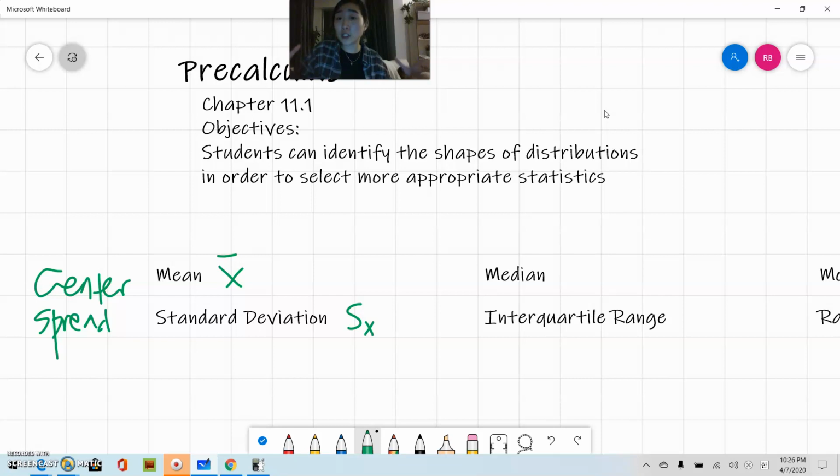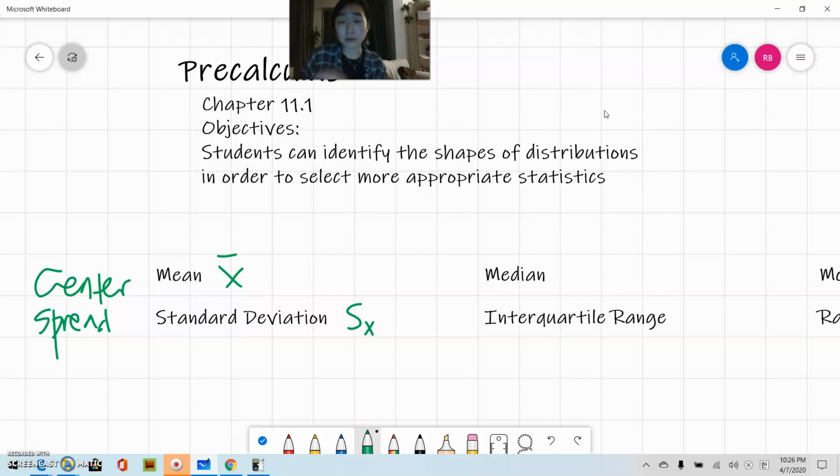And if you have a large standard deviation, that means your values are far away, spread out from the mean. Everything is based off of the mean. So when you describe your distribution using the mean as the center, then you always have to choose standard deviation as your spread.